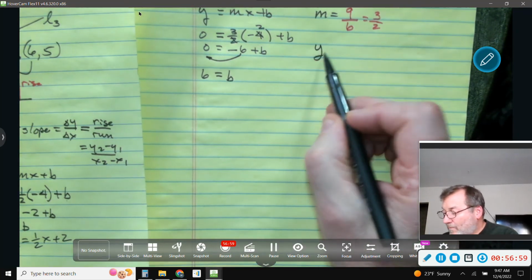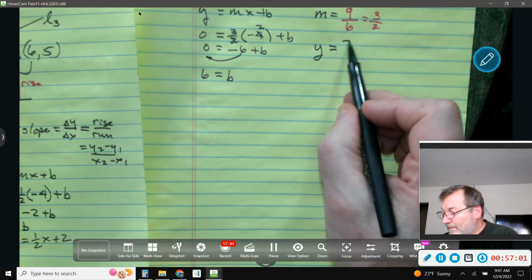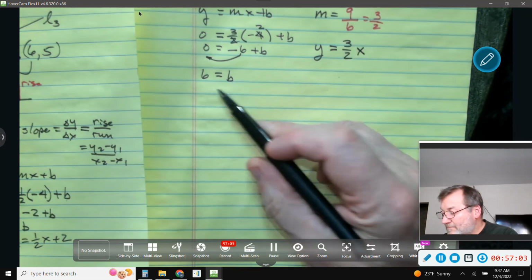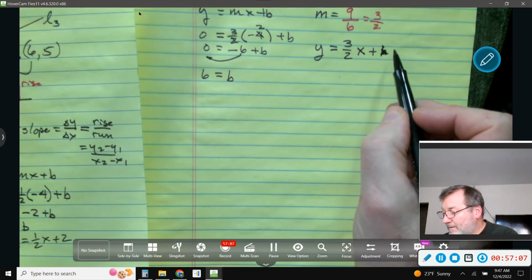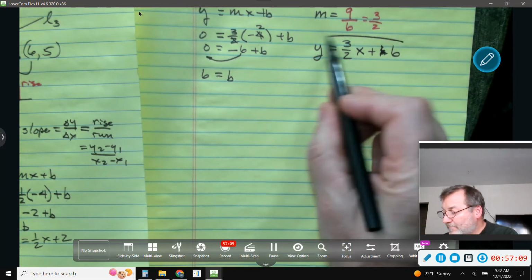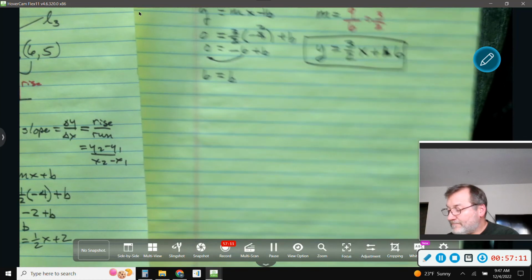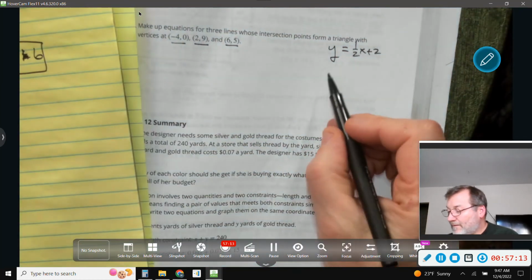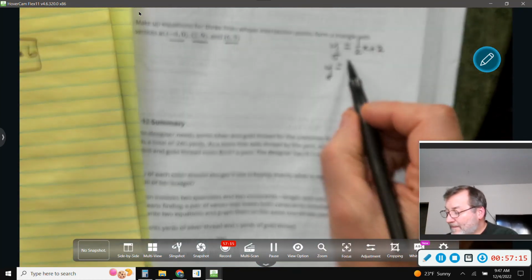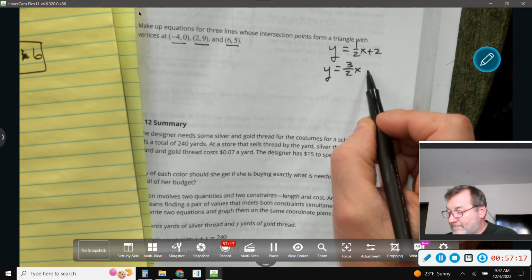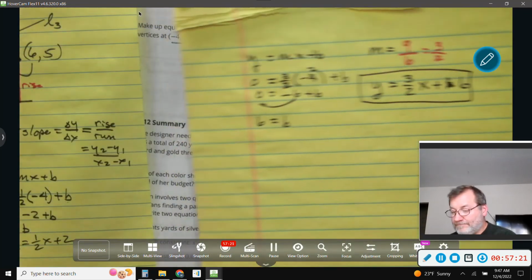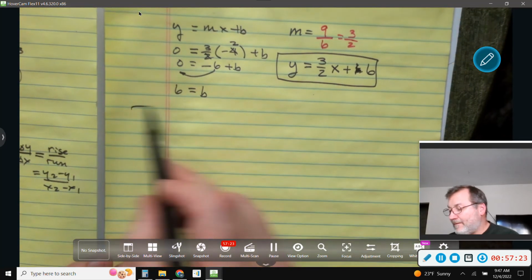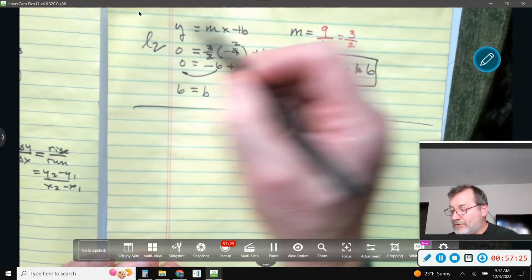Well, y equals 3/2 x, not plus b, plus 6. There's my second equation: y equals 3/2 x plus 6.